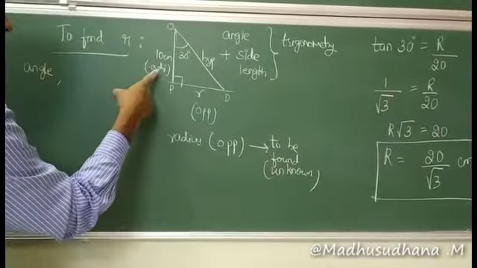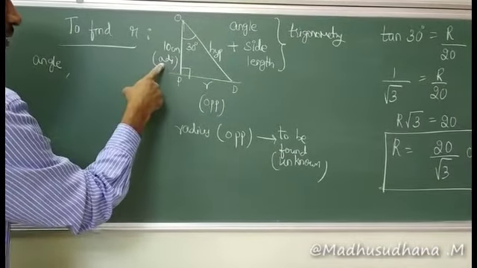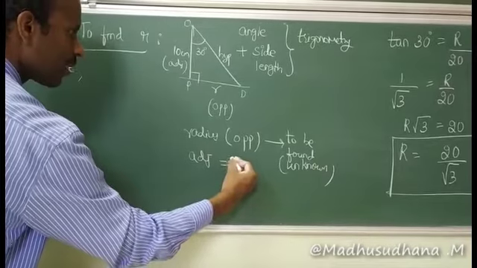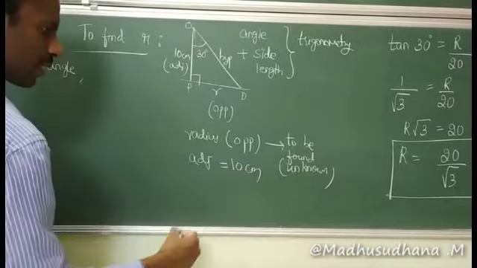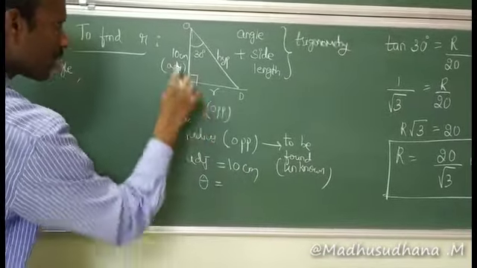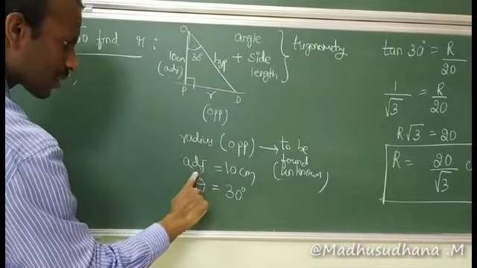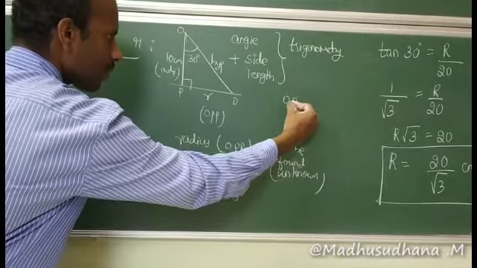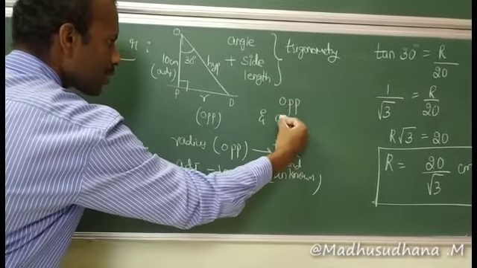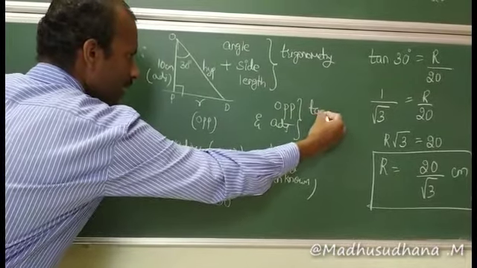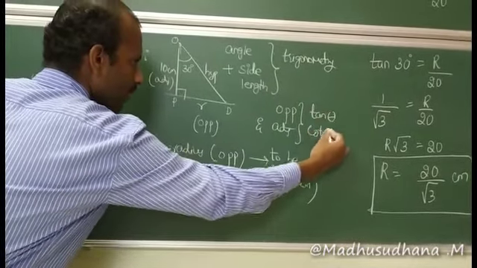And what is the given part? This OP, 10 cm, is the adjacent side. Adjacent side is equal to 10 centimeters, and theta is 30 degrees. So opposite and adjacent are connected with tan theta or cot theta.